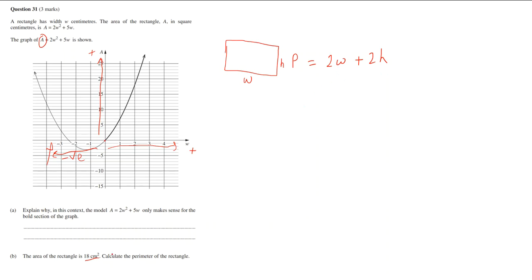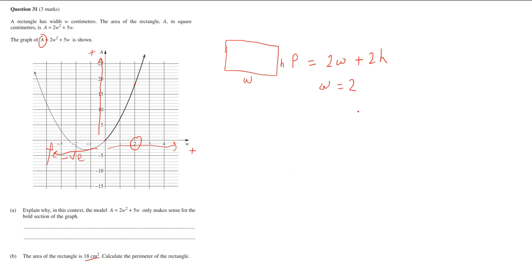W we can work out because they've already given us the area, which is 18. So what they're saying in this graph, if I look at the value of 18, which is 16, 17, 18, so this point, which is around here, the corresponding value for W is 2. So I know W is equal to 2.